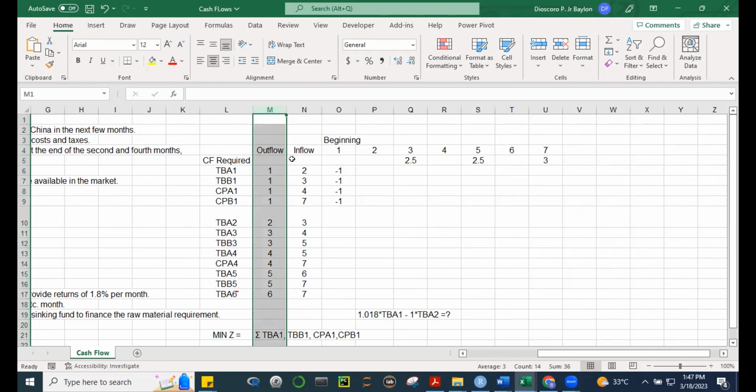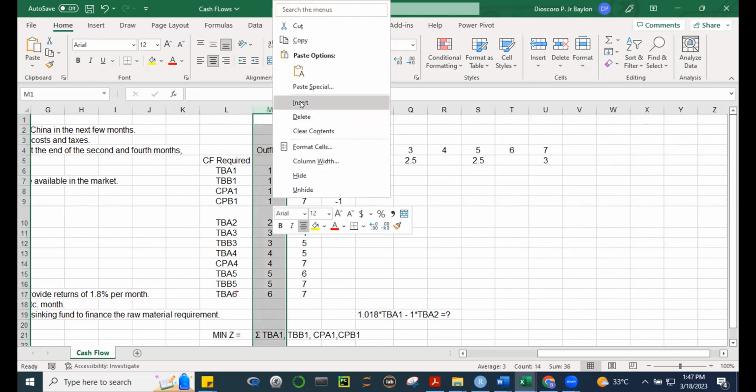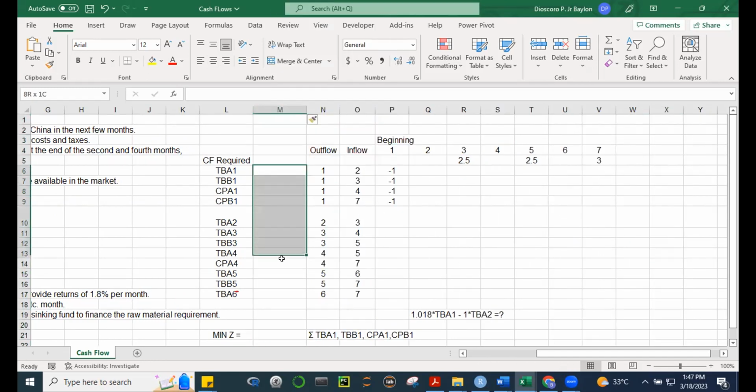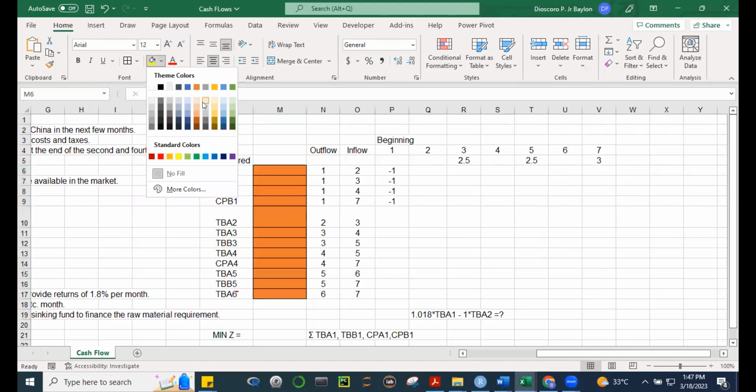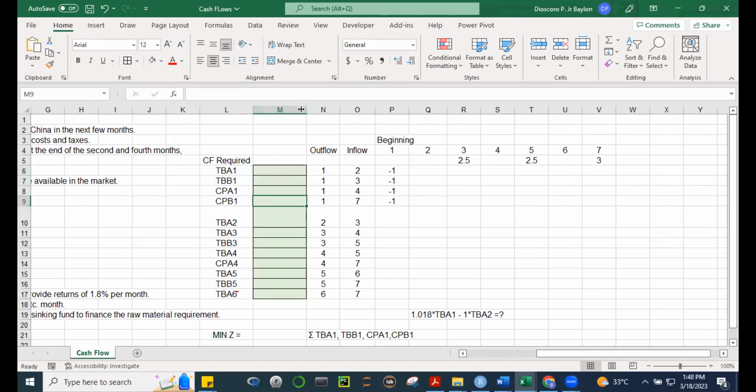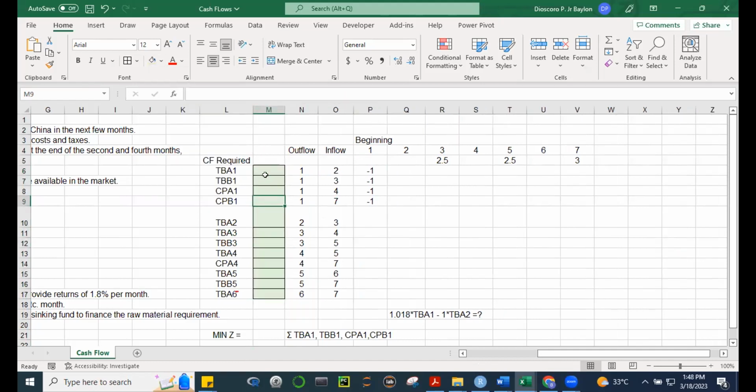And so let's do something here. Let's put here the amounts. So this will now refer to the amounts that we're going to invest. These are the amounts.